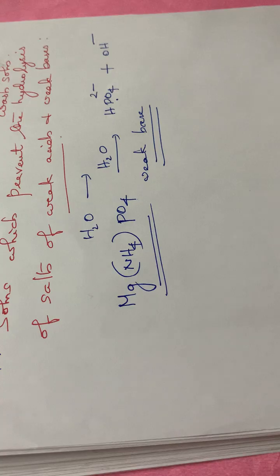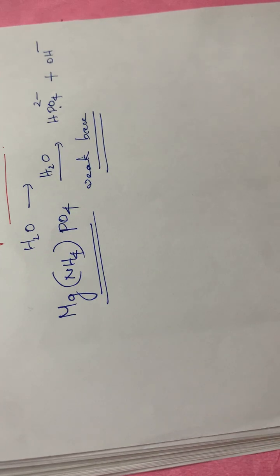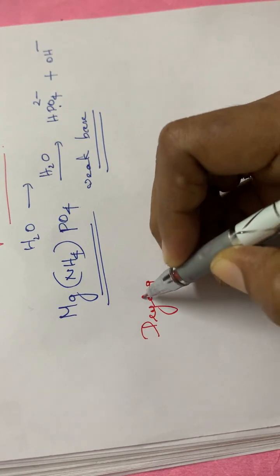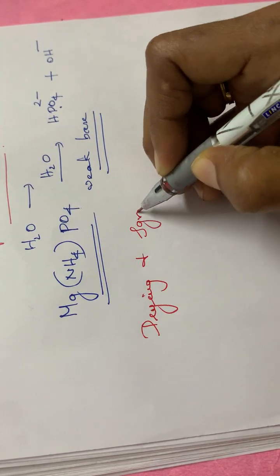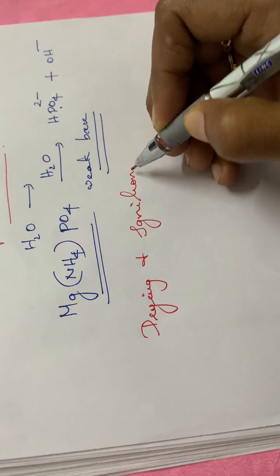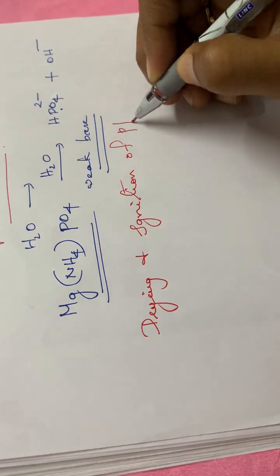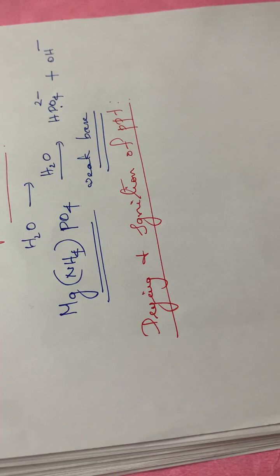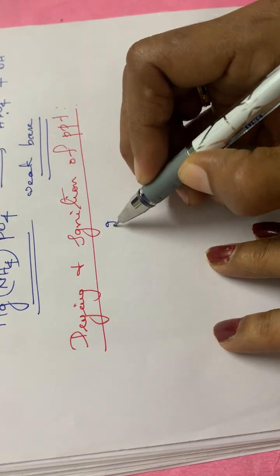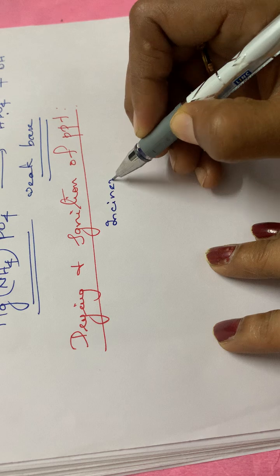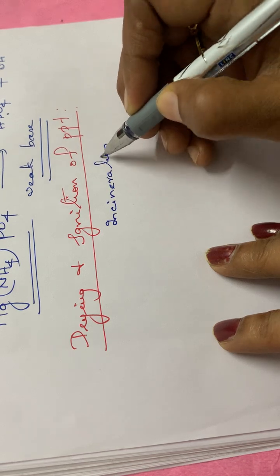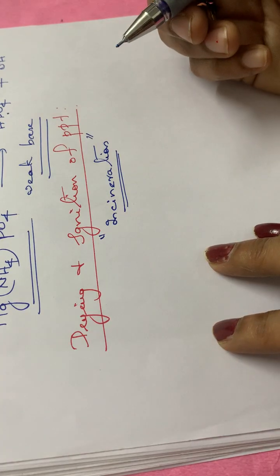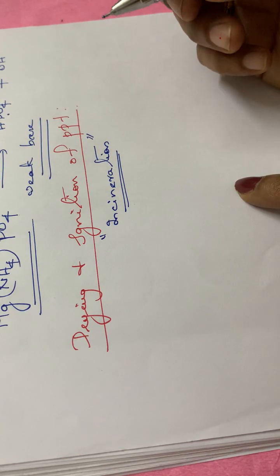Then the next topic, that is the drying and ignition of the precipitate. See here, drying and ignition, this process is otherwise called incineration.